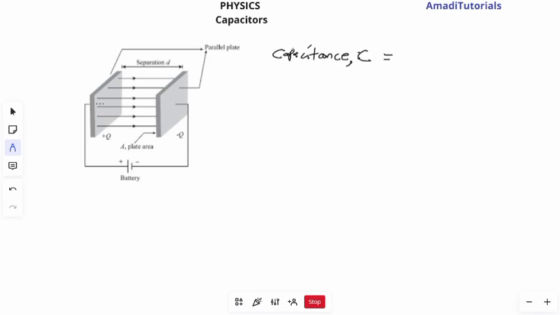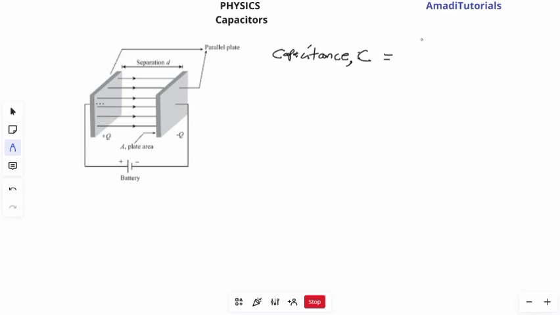So capacitance is a term we use to measure the amount of charge a capacitor is capable of holding per unit voltage. For each voltage you apply to a capacitor, how much charge is it capable of holding? That's what we define capacitance as.